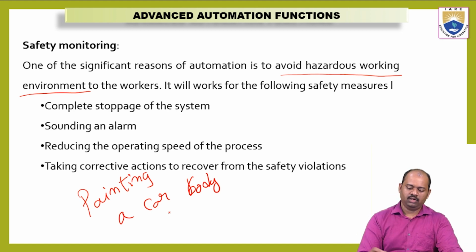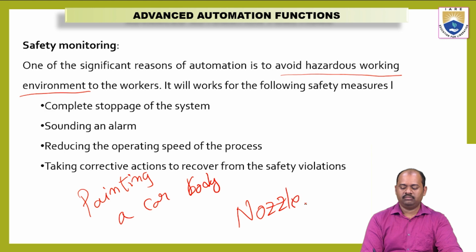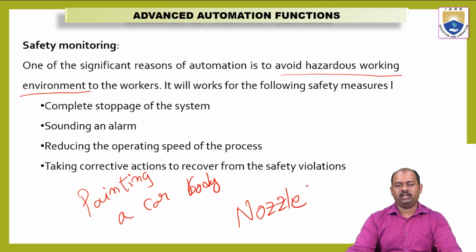This nozzle can be placed anywhere to paint the body. Now, because we are using a nozzle and compressed air, the paint will come out of the nozzle at a very high speed and in very fine particles. These fine particles of paint can enter the human nose or eyes, and they can cause severe damage to human health.